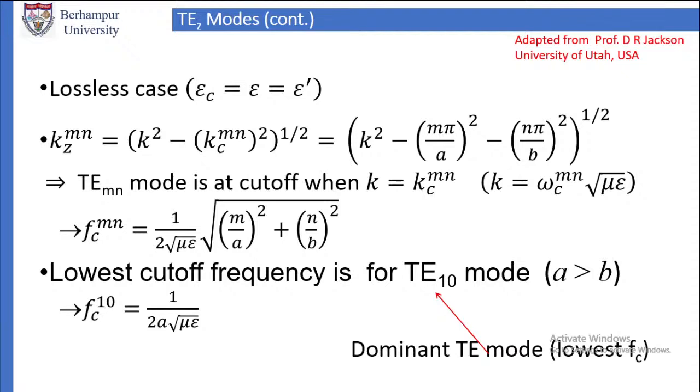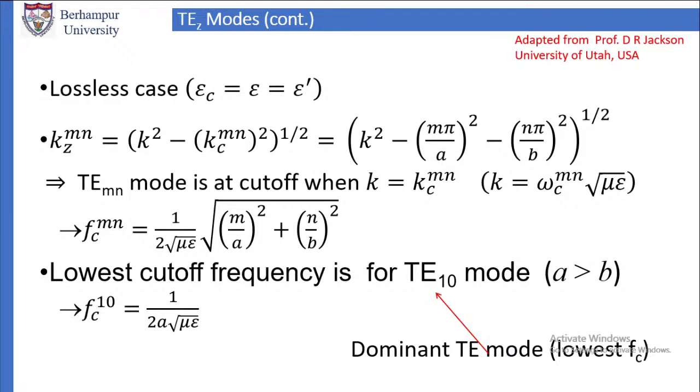Now if I take pi square common, that will be pi by root over of mu epsilon into root over of (m by a) whole square plus (n by b) square, is equal to 2 pi into fc.